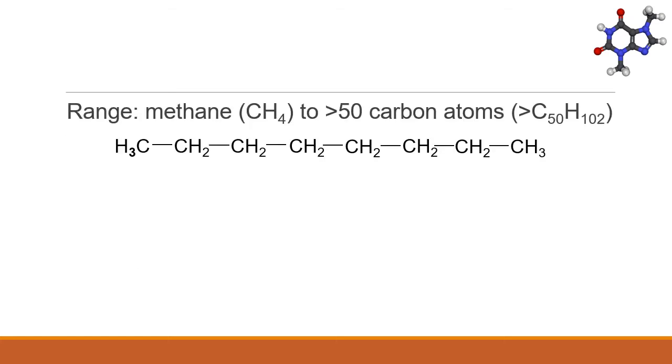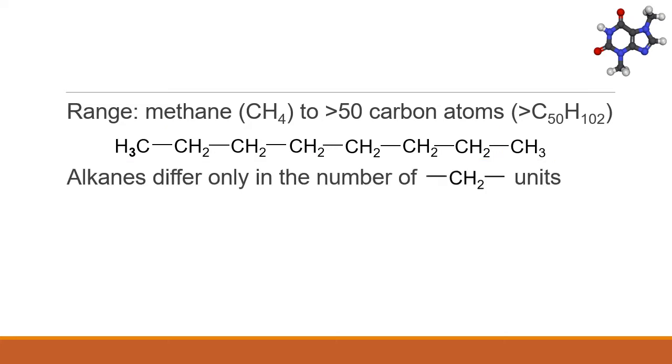Alkanes range in size from 1 carbon atom, as in methane, to more than 50 carbon atoms. Their basic structure is made up of a string of CH2 groups flanked by a methyl group at both ends. Alkanes differ only in the number of CH2 units within the bonds.